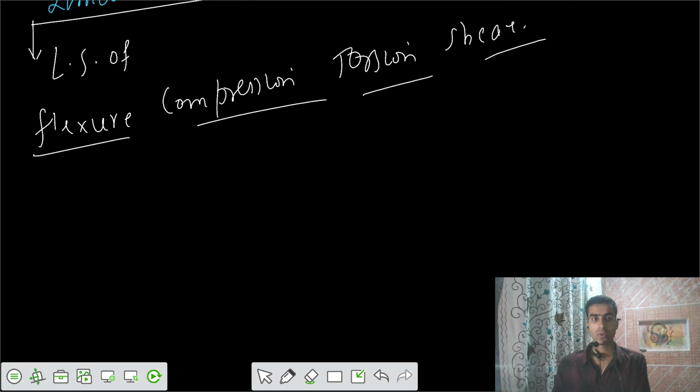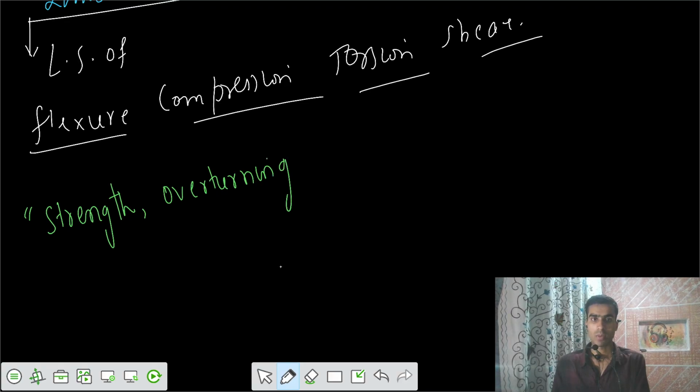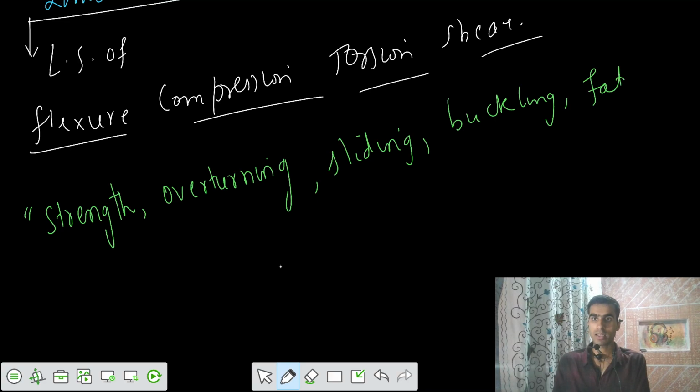Based on these, we have to ensure that there is sufficient strength in the materials, and there's no overturning, sliding, buckling, or fatigue of the material. These things we have to ensure in the limit state of collapse.